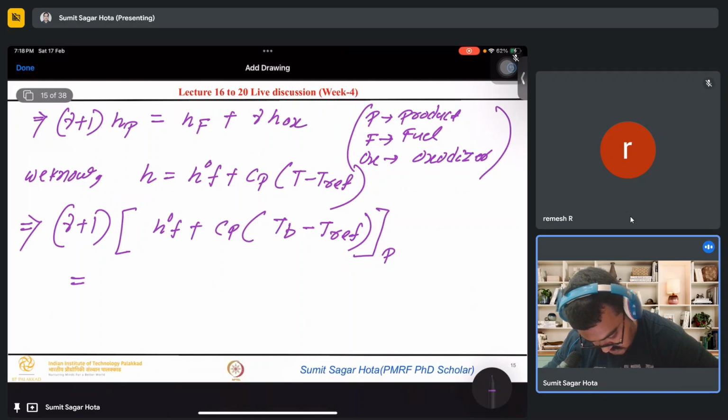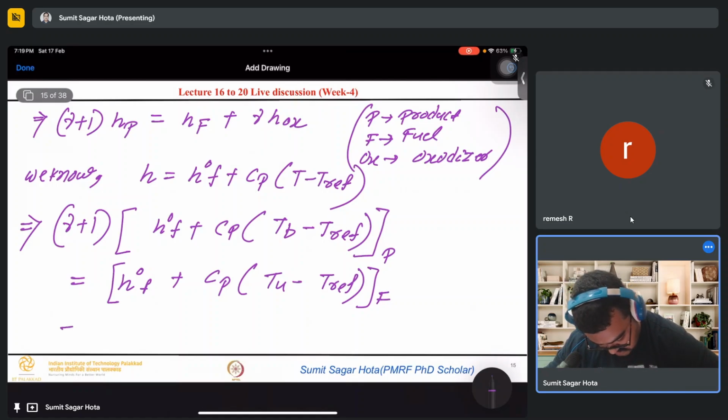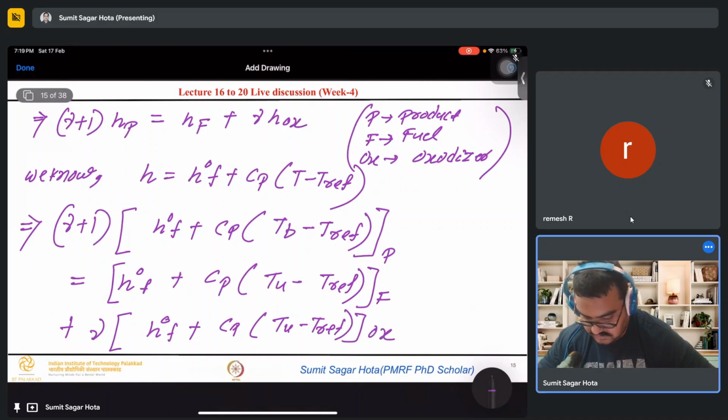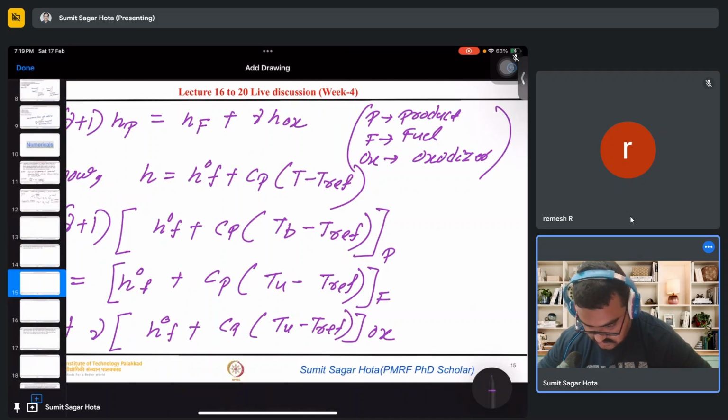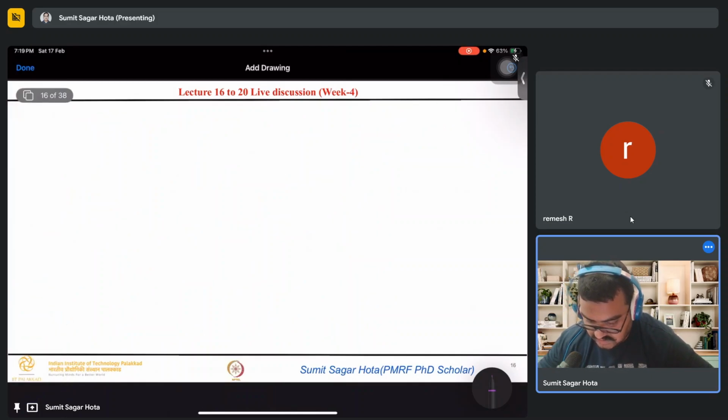Product is equal to h0F plus Cp (Tu minus TREF) of the fuel, plus nu times h0F plus Cp (Tu minus TREF) of the oxidizer. Now we will do some rearrangement to find out the result.